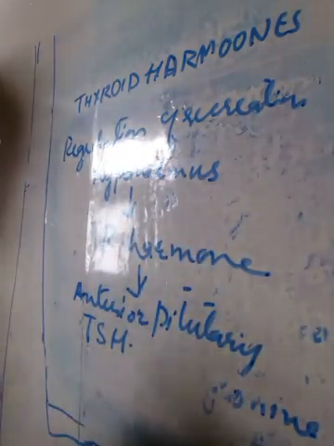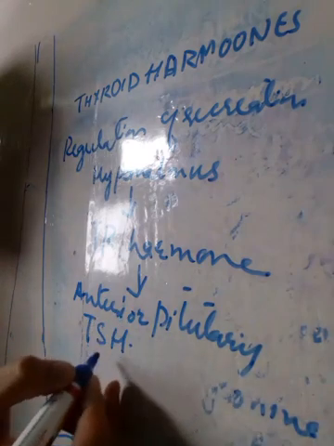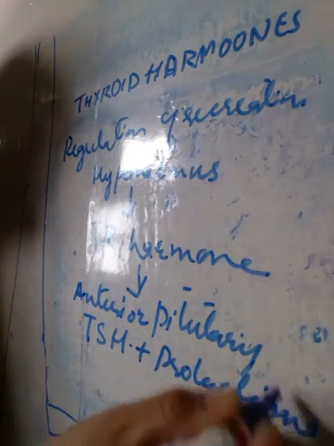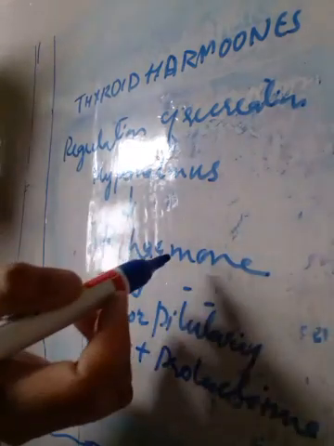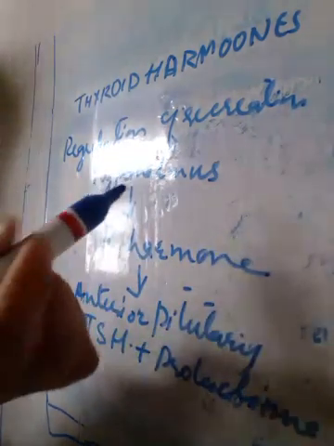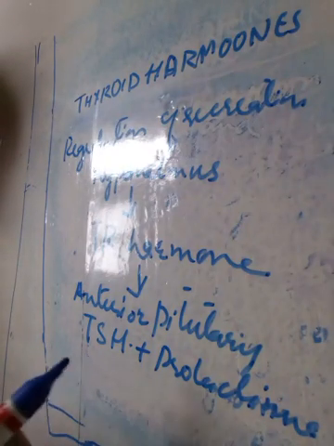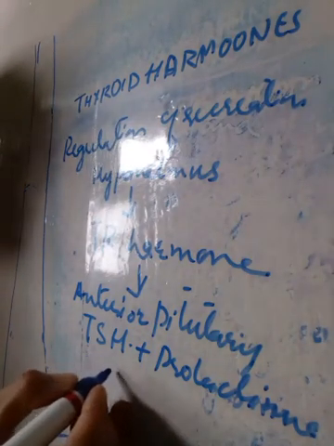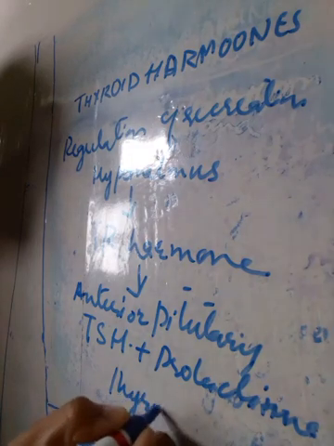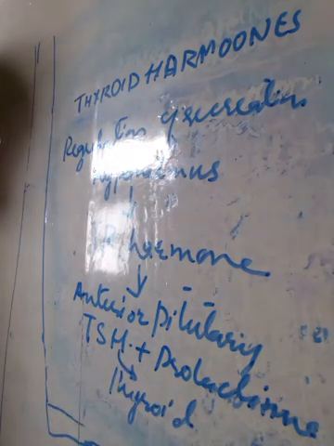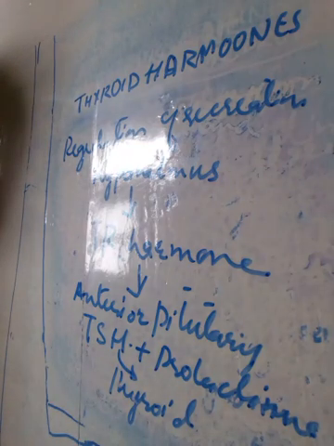The anterior pituitary secretes TSH and prolactin in response to TRH, which is secreted by the neurons of the hypothalamus. So TSH stimulates the thyroid gland to release thyroxine.